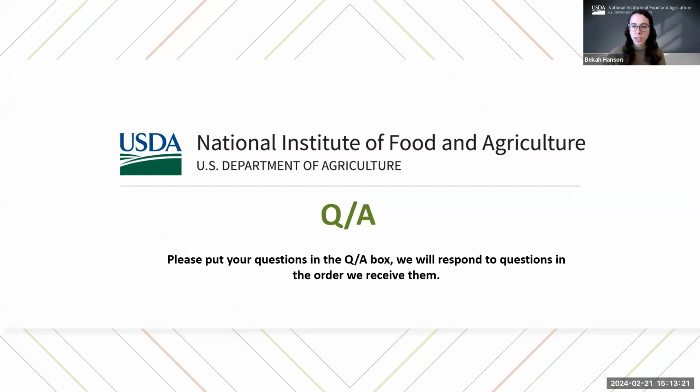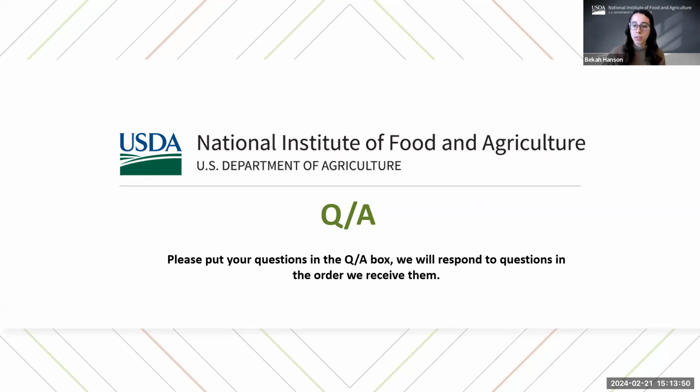I will mention here as well, we do an administrative review before it goes to reviewers. So the main things that you need to make sure to at least get through the administrative review are your project narrative, your project summary, your budget justification, your bibliography, and those bio sketches and current and pending.